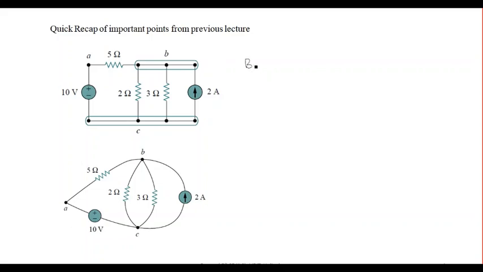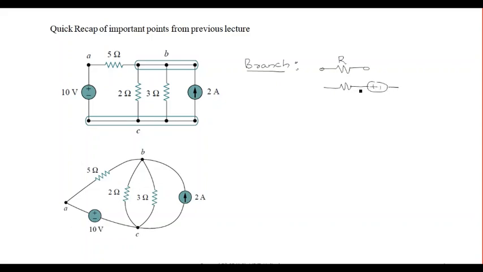If you think about a branch, it should have an element associated with it. It can be a resistor, which we can call a single branch. There may also be a resistor followed by a voltage source.